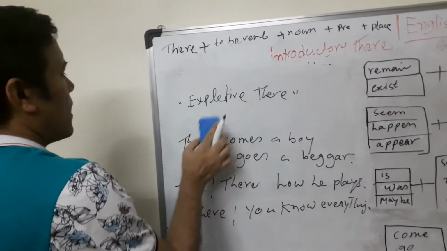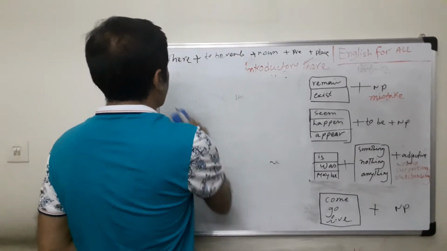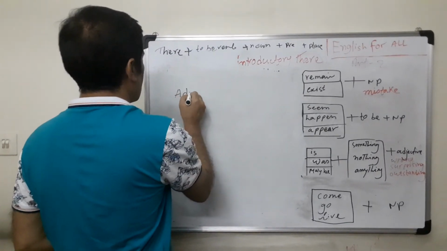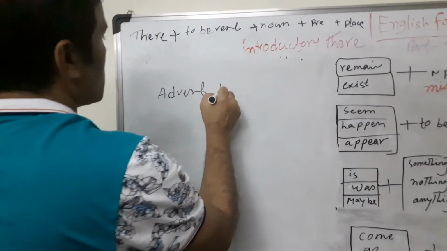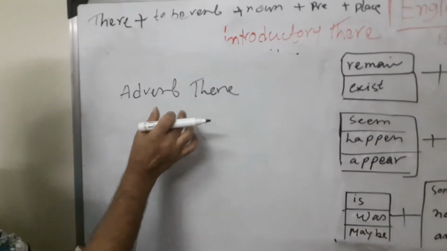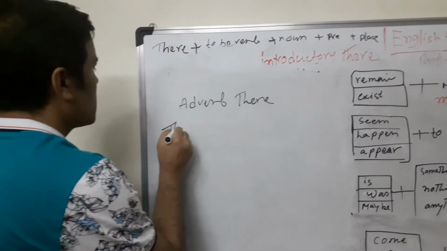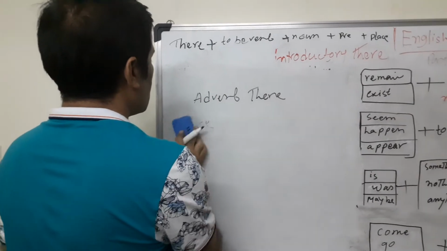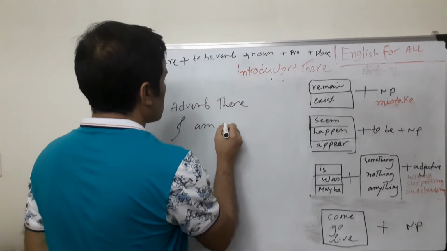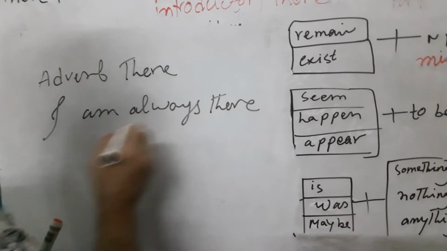Then let's make sentences using adverb there. Adverb there indicates place, like I am always there to help you.